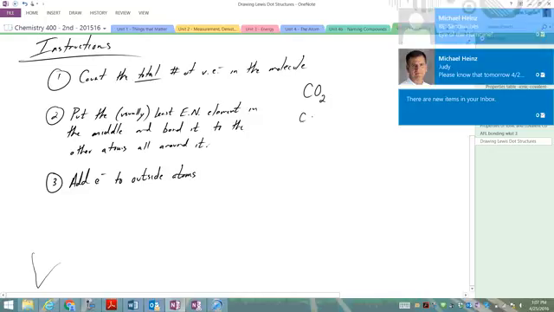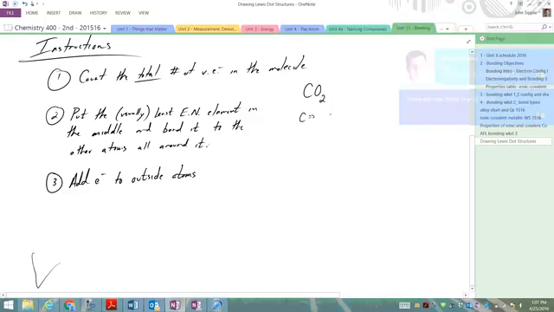Carbon has how many? 4. What about oxygen? 12. We've got a total of 16 valence electrons to dish out.